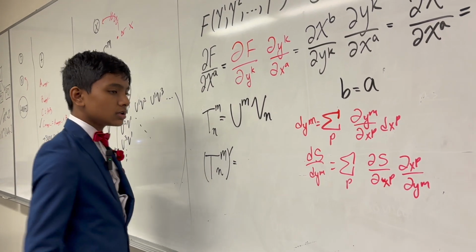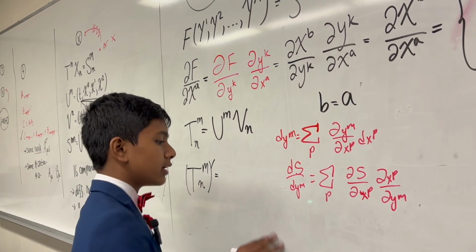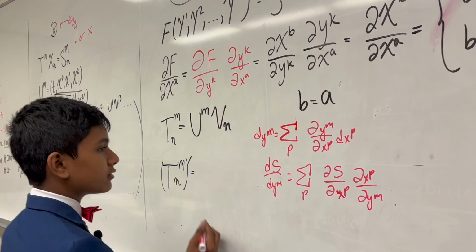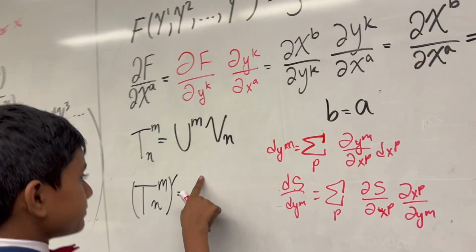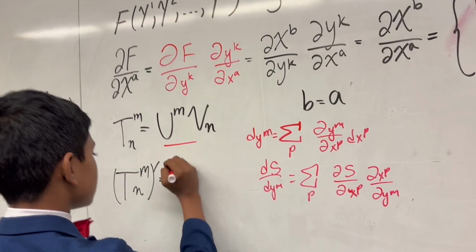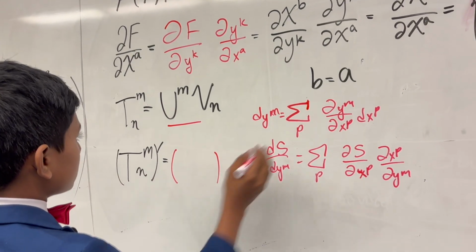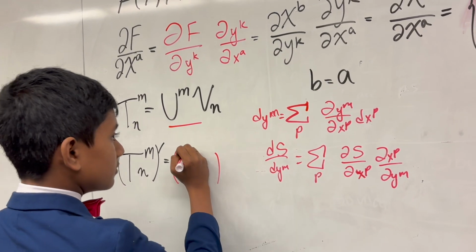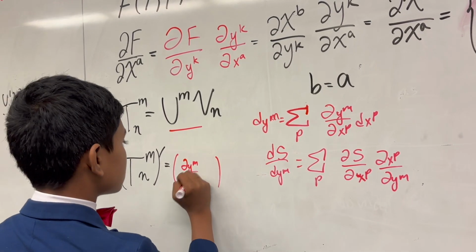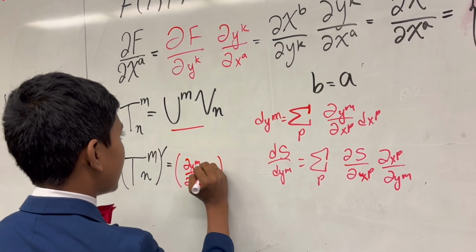Actually doing the transformation, all we have to do is first take this. So this is just going to be the sum, partial y m partial x p dx p.